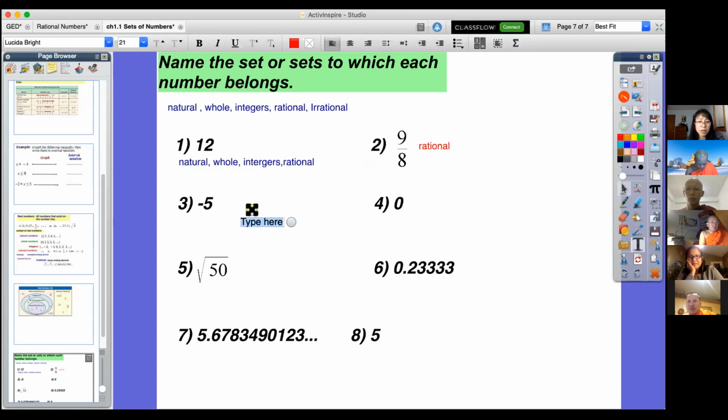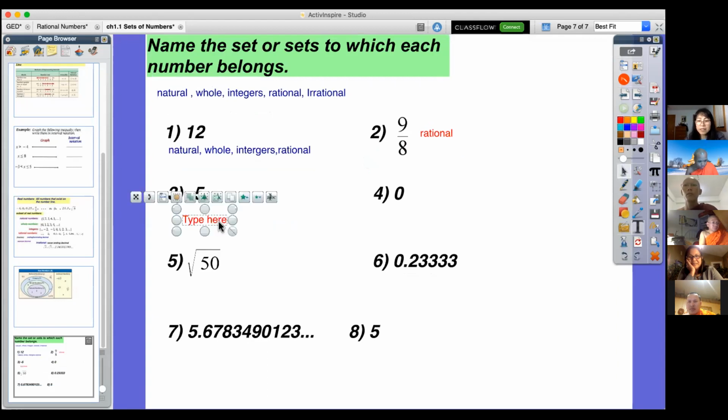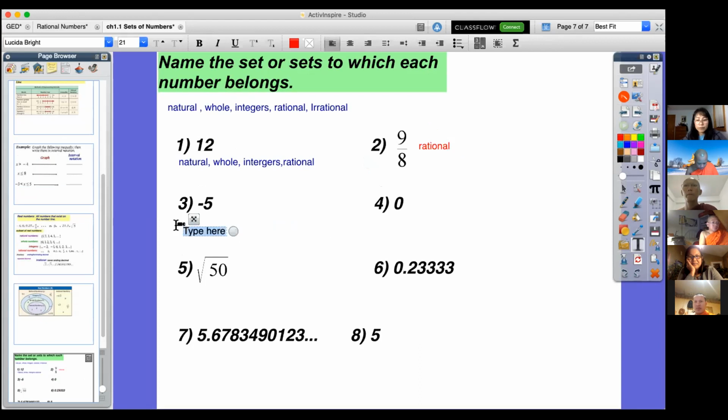All right, number 3. Integer. Yes, integer, very good. What else? Rational, yes. Anything else?